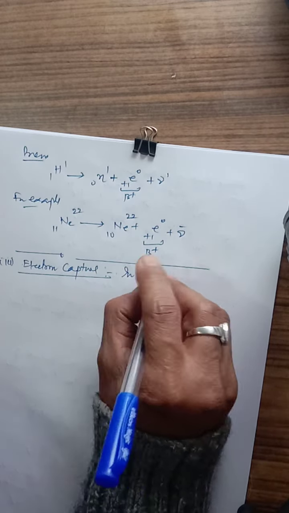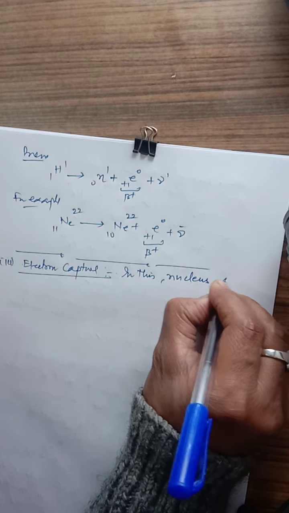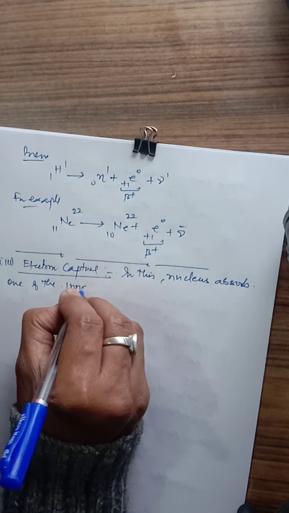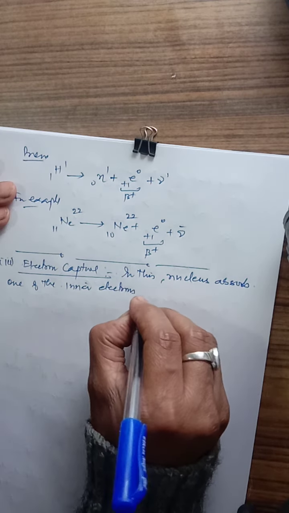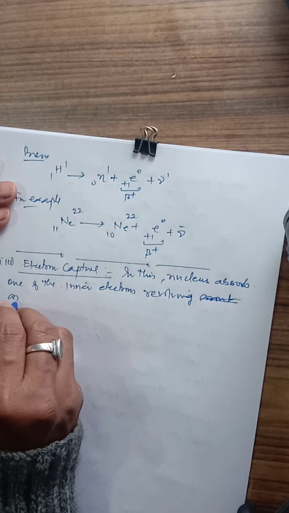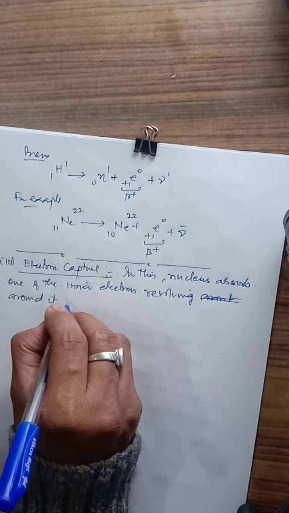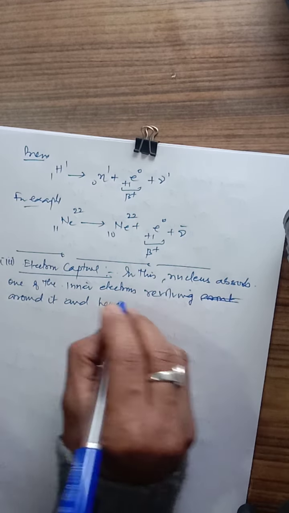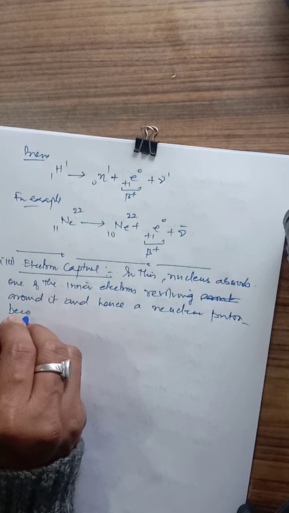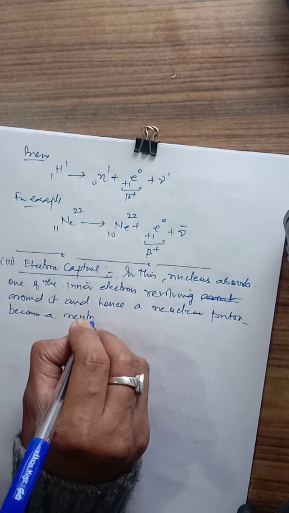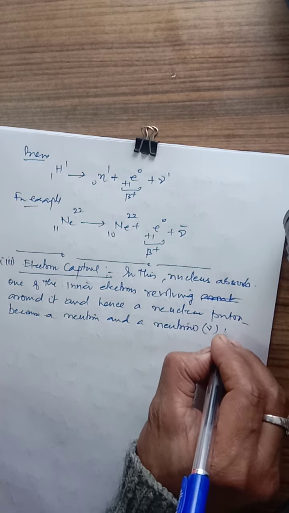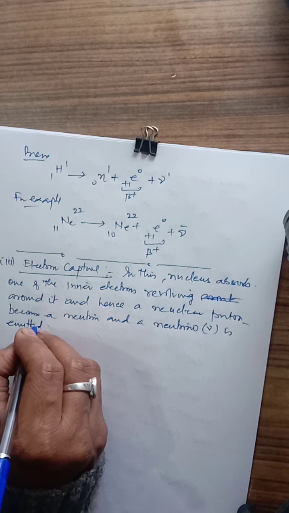In this, the nucleus absorbs one of the inner electrons which is revolving around it, and hence a nuclear proton becomes a neutron, and a neutrino is emitted.